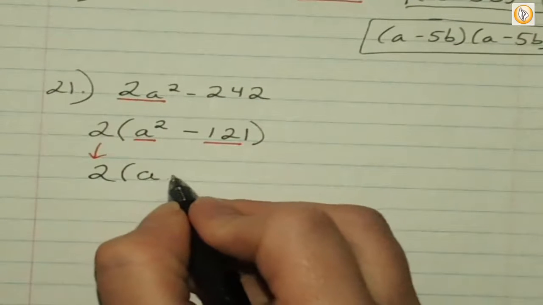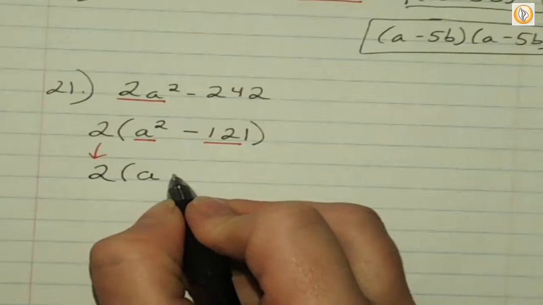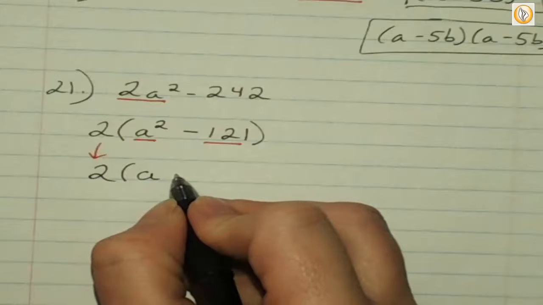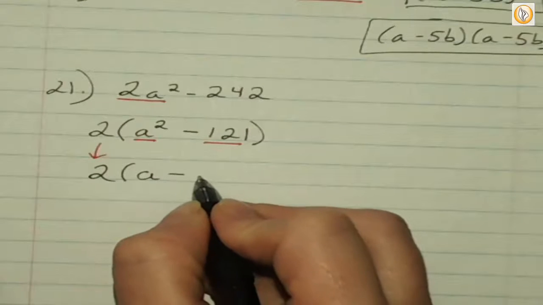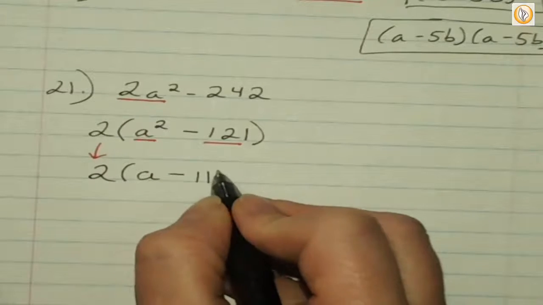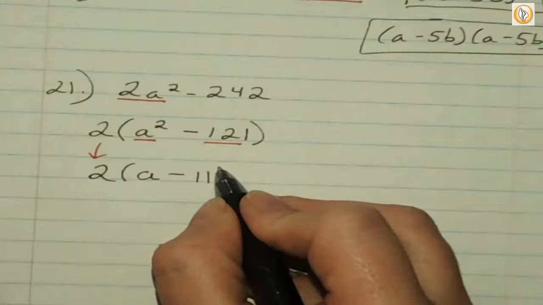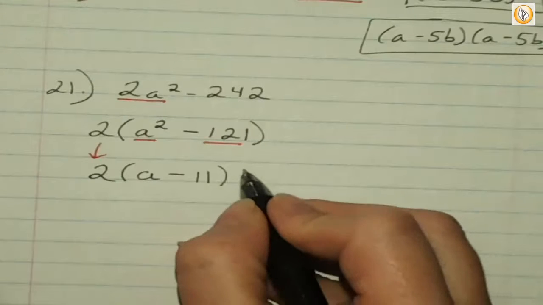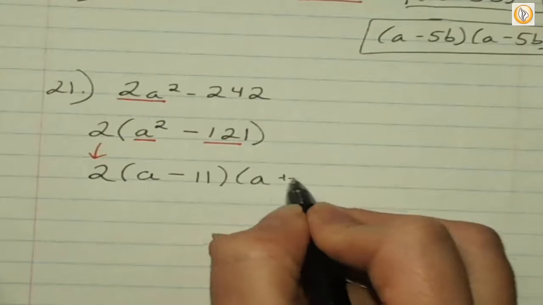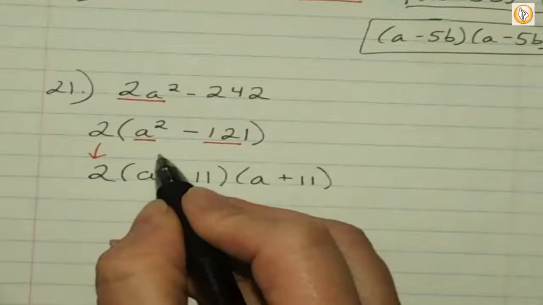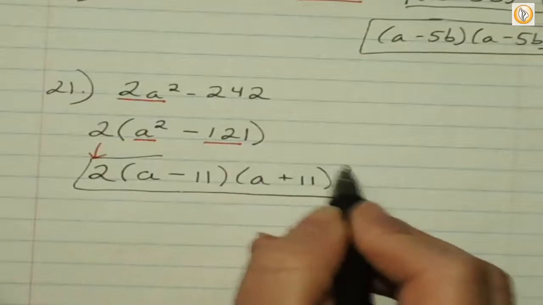A minus, plus, minus. Which is it? Minus 11. Is that it? Parentheses squared? No. Another parentheses: a plus 11. There you go. Squared? No.